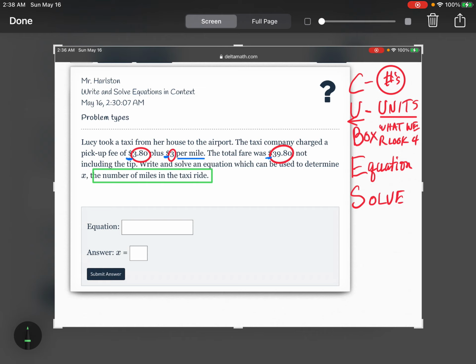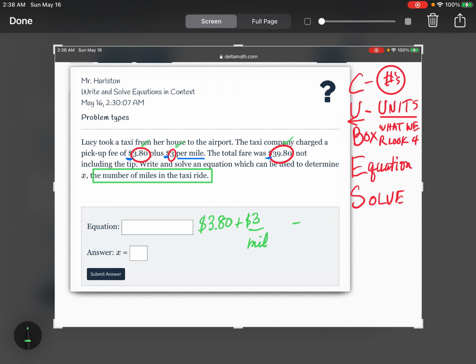So what you should see is that all of these numbers have a dollar sign on them. So they go together. The question is how? Well, we got $3.80, and then we have $3 per mile, right?